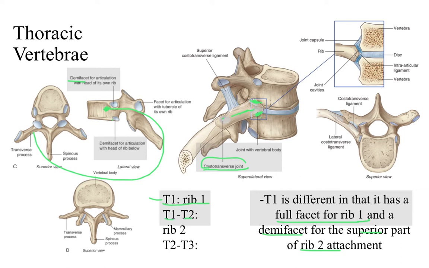Between T1 and T2 is where we'll have rib 2. Between T2 and T3 is where we'll have rib 3. All right, so the number of the rib is above the vertebrae that it's associated with, all except for T1.